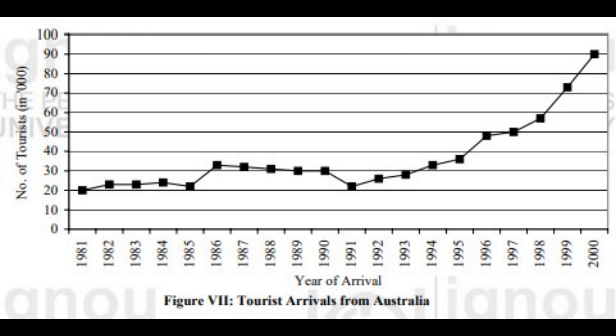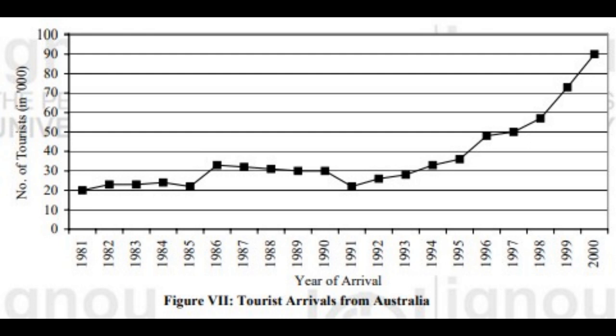Look at the screen. Air was the predominant mode of transport for Australian tourists, constituting 98.2% of the total arrivals. The remaining tourists came through land routes. The male tourists constituted about 64.9% in 2000. The dominant age group was 35 to 44 years, accounting for 29.7% of the total tourist arrivals, followed by the age group 45 to 54 years with 25.1%.